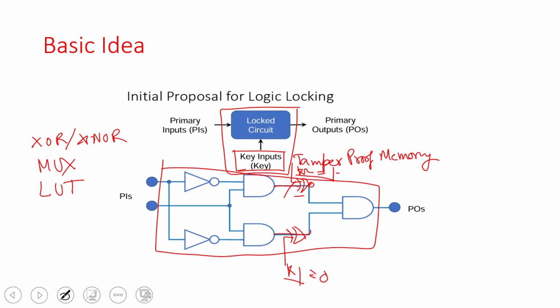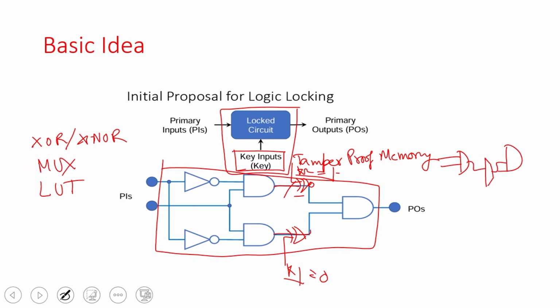What is the concept of mux based locking? It is very simple. You think about that this input is going to this point, right. What I will do is remove this and hide this information, so I will add a multiplexer here.